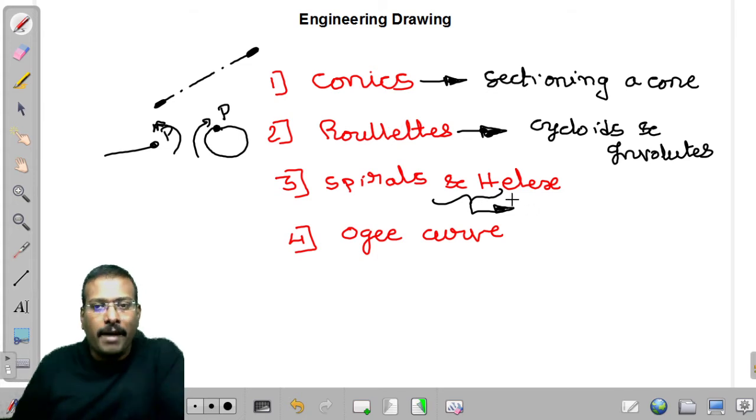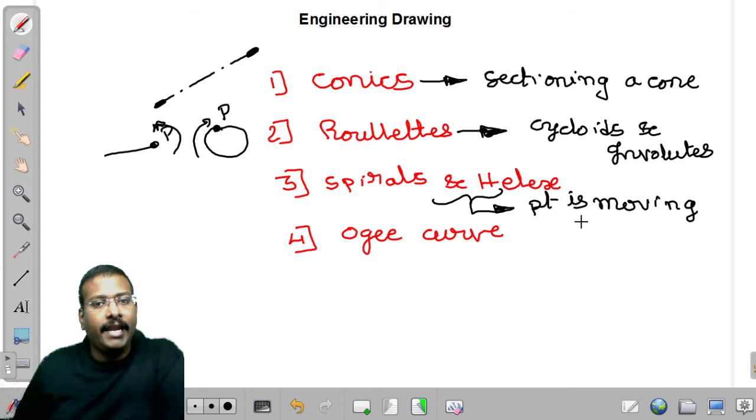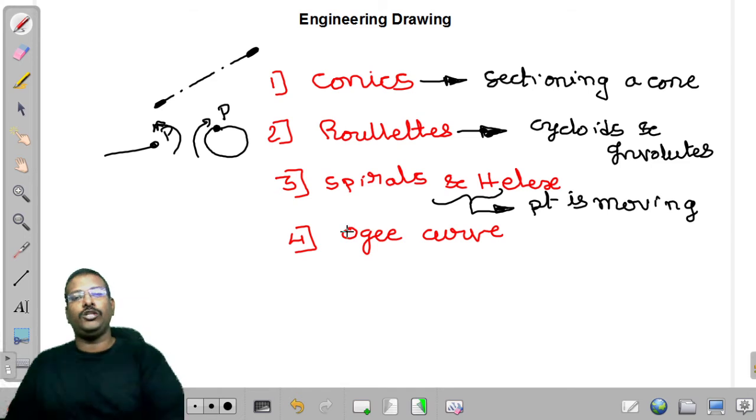But what about a spiral? If a point is moving on a rotating or oscillating object, then the path traced out by it is called a spiral. But where it has to move, it is moving on an object, whether it is a two-dimensional object or a three-dimensional object.